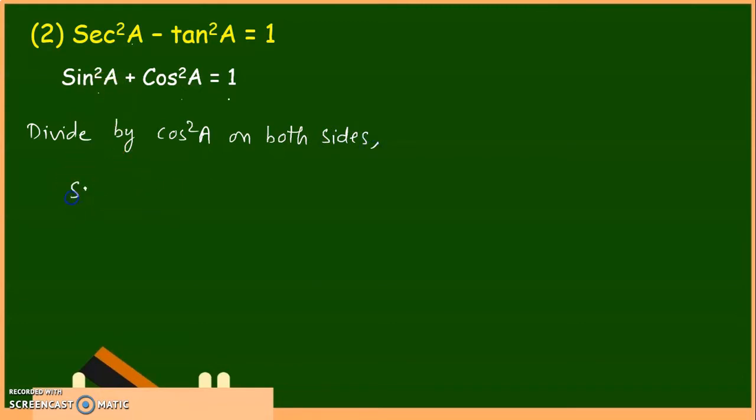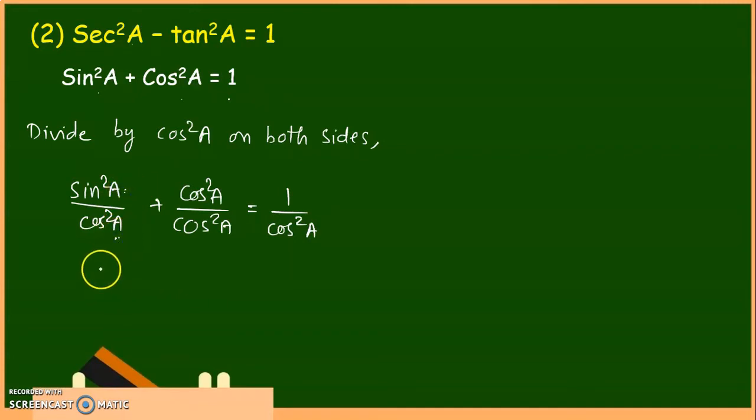So sin²A divided by cos²A plus cos²A divided by cos²A equals 1 divided by cos²A. The ratio of sin and cos is nothing but tan A, so sin²A divided by cos²A is equal to tan²A. Plus the cos²A cancels out, so we get 1, and 1 divided by cos²A: the reciprocal of cos A is sec A, so 1 upon cos²A becomes sec²A.